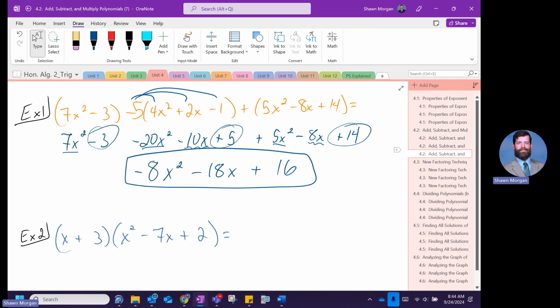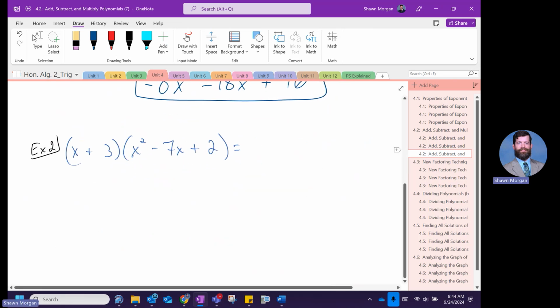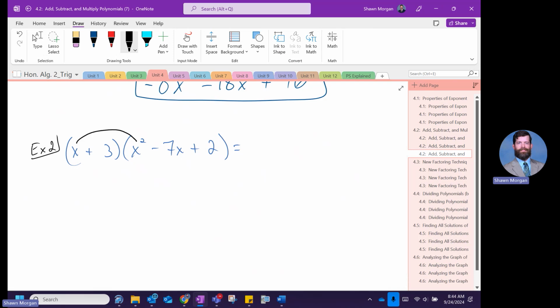How'd you get 6? Because you have three for the first and three for the second. All right. This is like a FOIL problem, just a beefed up FOIL problem. We're going to multiply everything in the first times everything in the second.